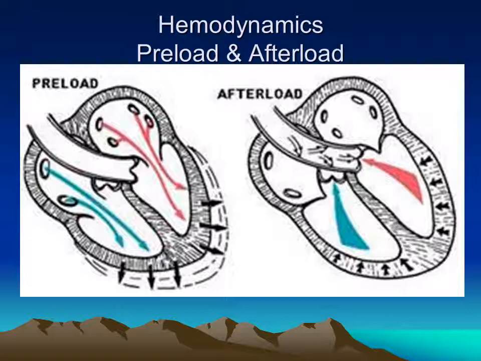On the second slide, afterload, you'll notice that relative to the contractility, now the red and blue arrows are trying to get fluid out. And if you'll notice in the artery, there are arrows that are causing resistance. So the afterload is the resistance encountered to ejection.